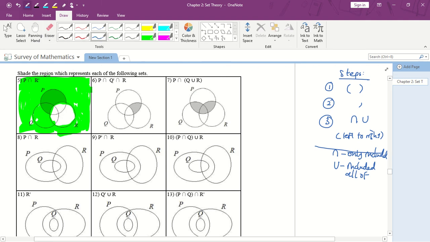Remember we are doing step by step. R prime. Then with R prime, the leftover is intersect P. Remember, intersect P means what?